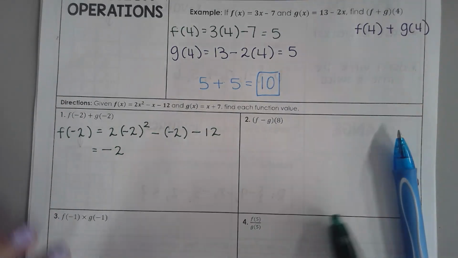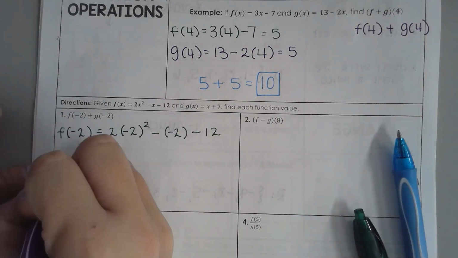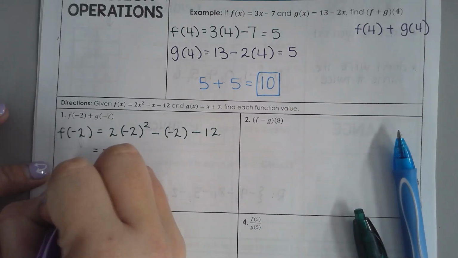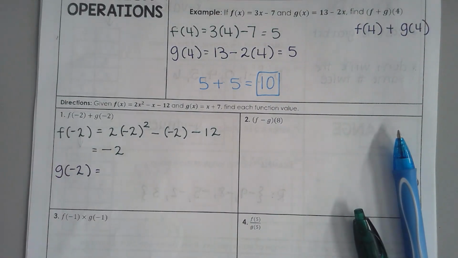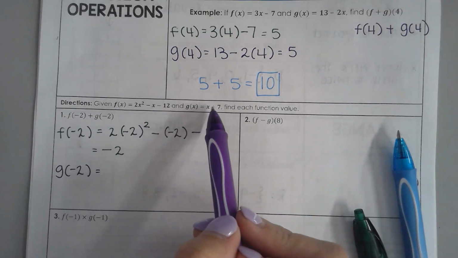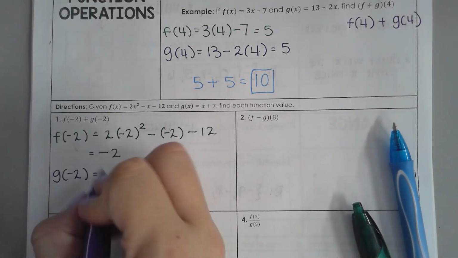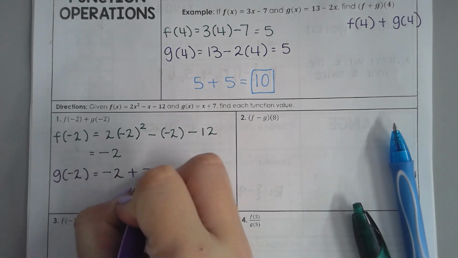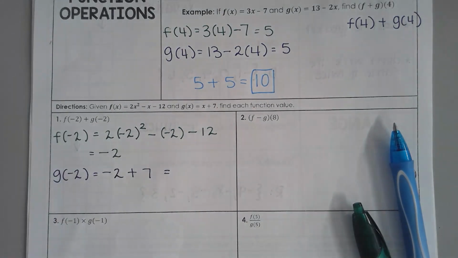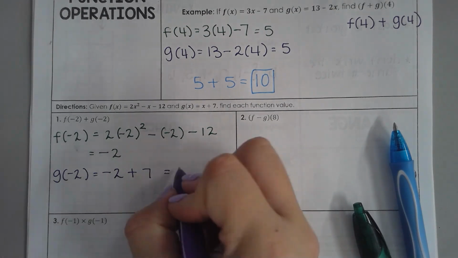Then we're going to find g of negative 2. G of x is x plus 7, so I'm going to do negative 2 plus 7, which gives me what? Anybody know? 5. Gives me 5.